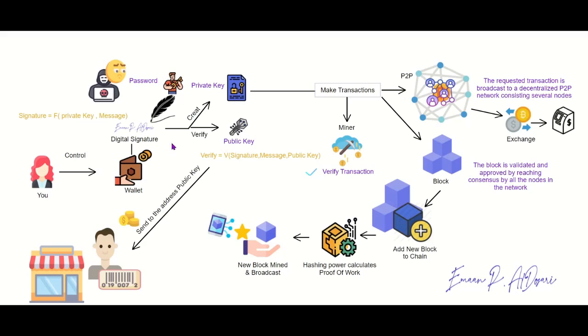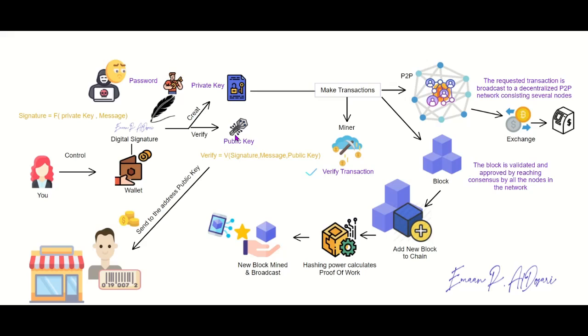Okay, let's get back to our process here. We have a digital signature. The digital signature is created from our private key, and our private key in the system is like the password. Every user has it, and the signature is the proof to pass any process you want. The other path is verifying with your public key.